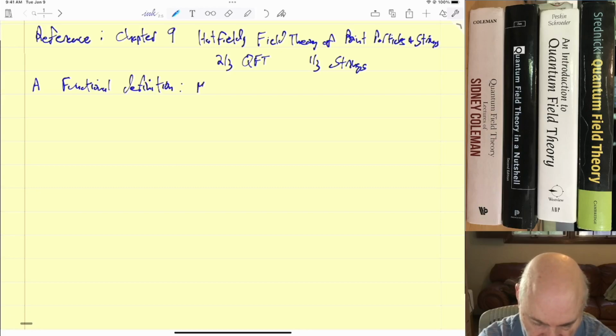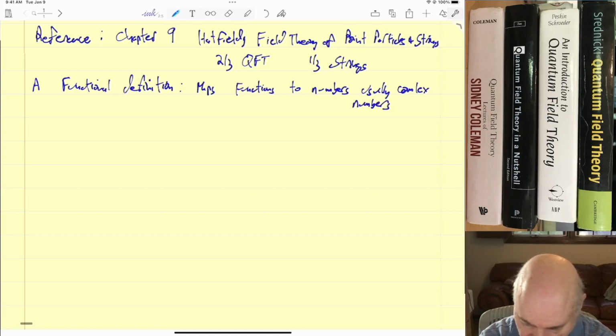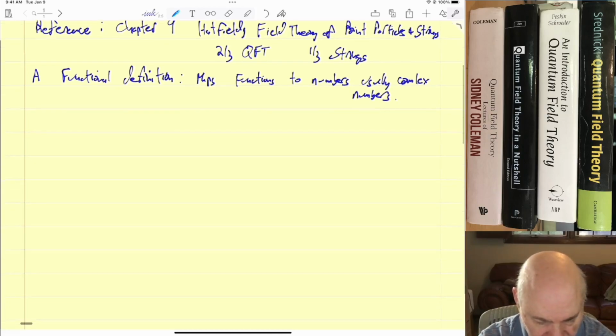It maps functions to numbers. Usually complex numbers, but it could be real numbers as well, or I guess quaternions or something.